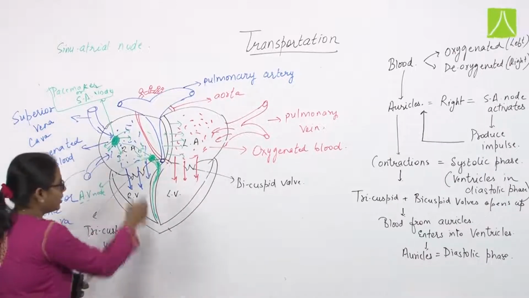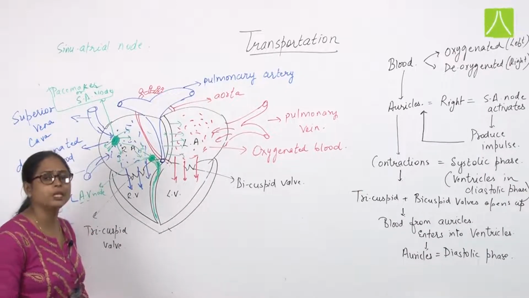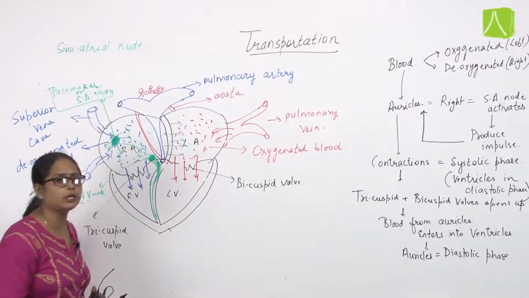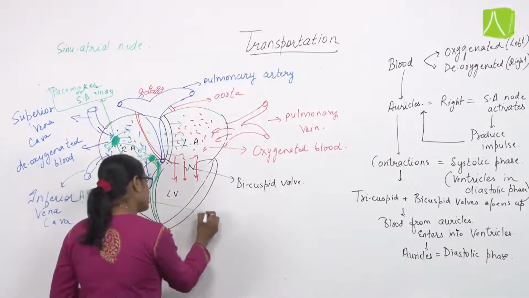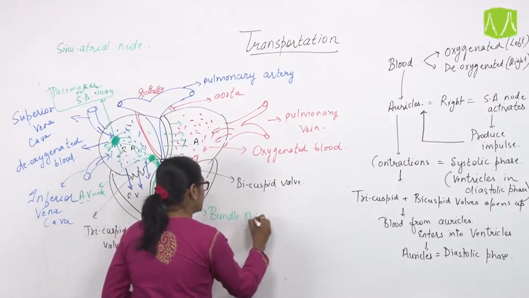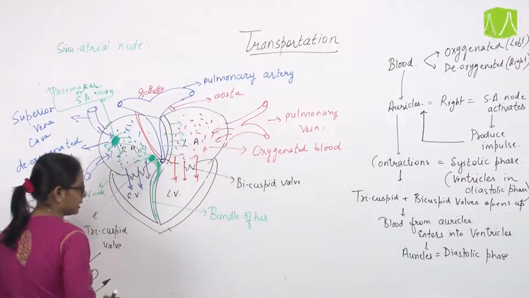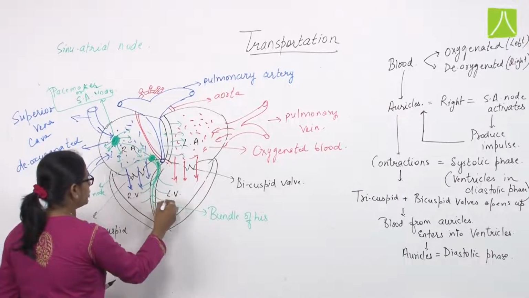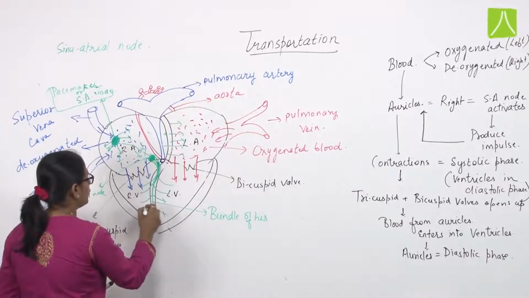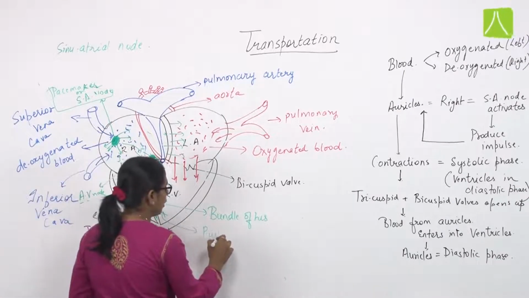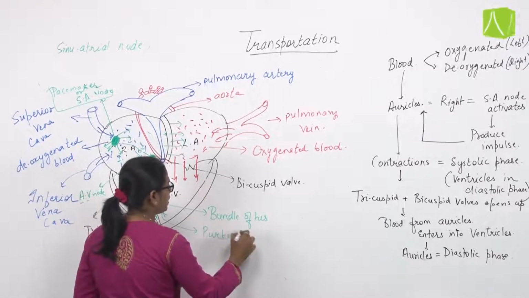This bundle of fiber arising from the AV node and transferring into the interventricular septum is known as the bundle of His. This bundle of His releases its branches into the ventricle walls, and these are known as Purkinje fibers.